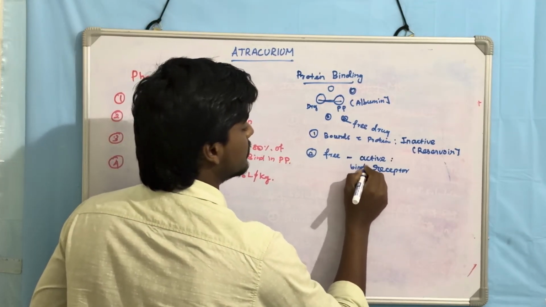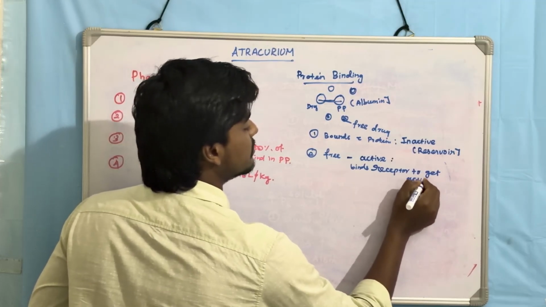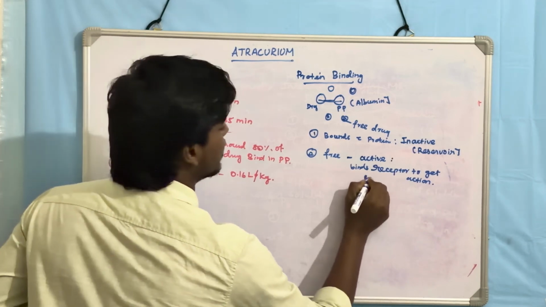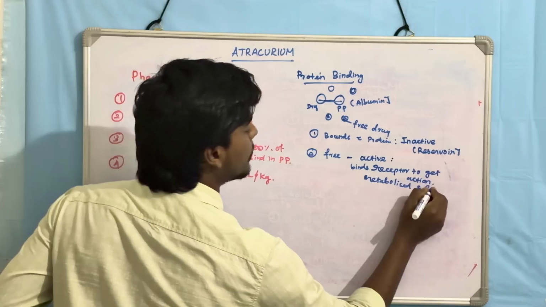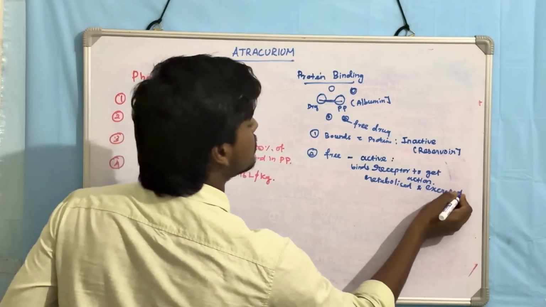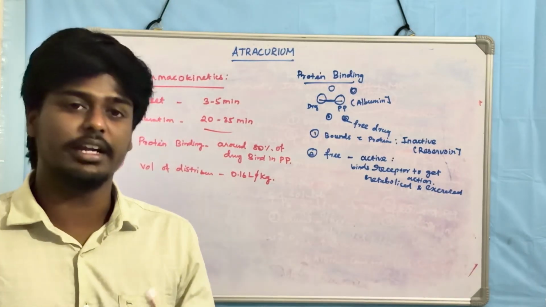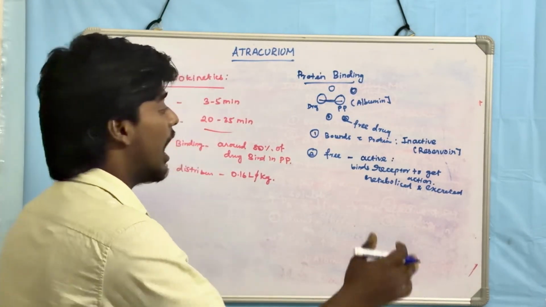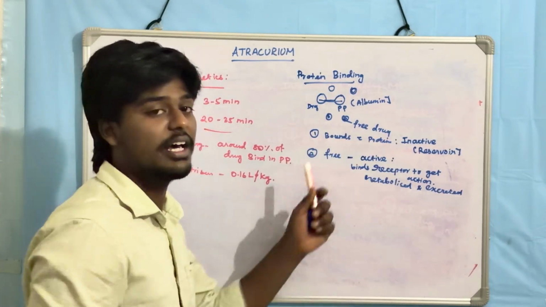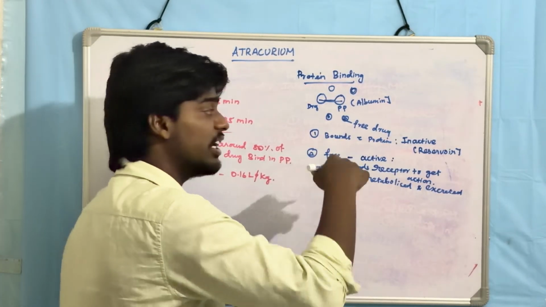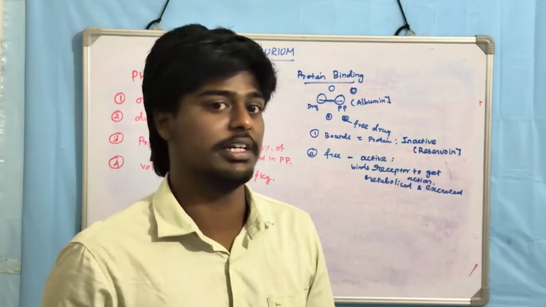It binds the receptor to get action, and then metabolism and excretion. After the free drug is excreted, the bound drug is released from the protein, then it becomes free, binds the receptor, gets action, and is metabolized and excreted.